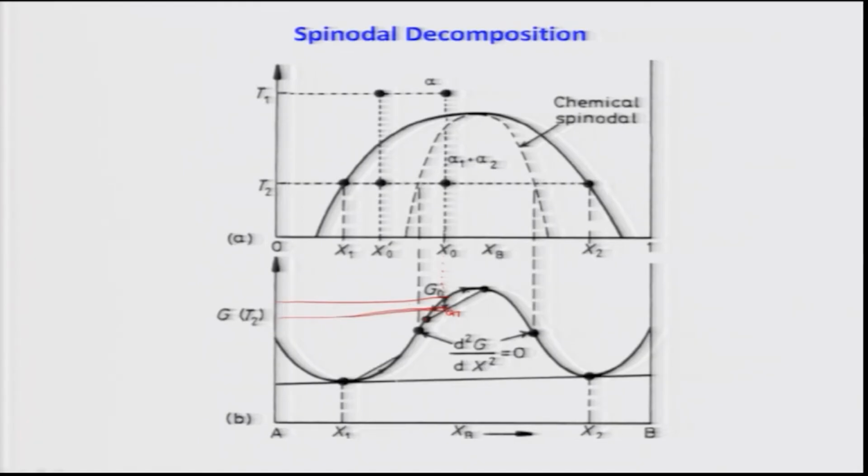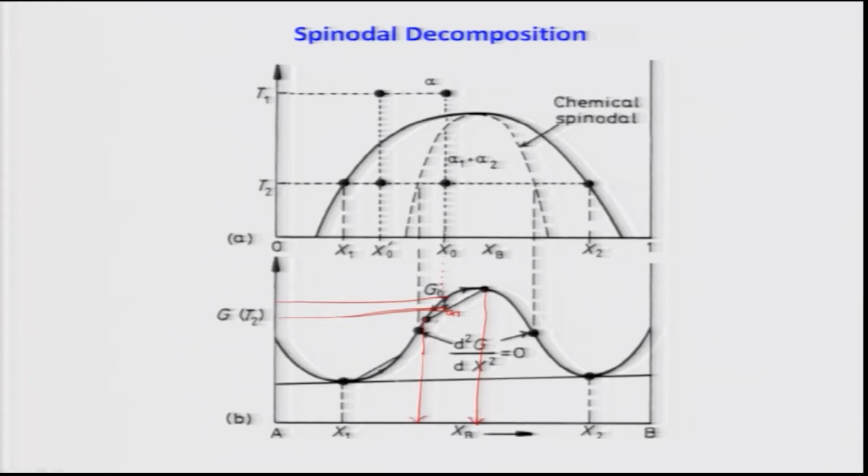You may ask, sir, how? Say I have two solutions, one with this composition and the other with that composition, because of decomposition of this solution alpha into two different solutions.